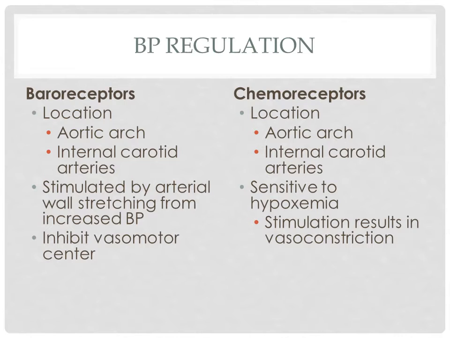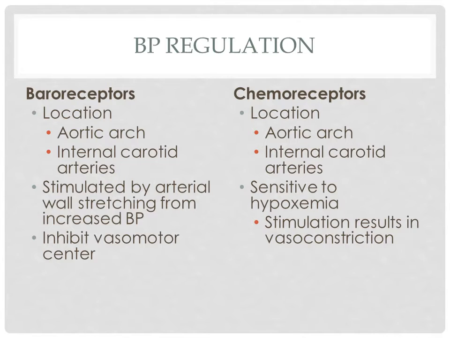So for your blood pressure regulation, baroreceptors and chemoreceptors are present. Baroreceptors are found in the aortic arch and the internal carotid arteries. The chemoreceptors are also found there. The baroreceptors are stimulated by the arterial wall stretching from increased blood pressure, and they inhibit the vasomotor center.